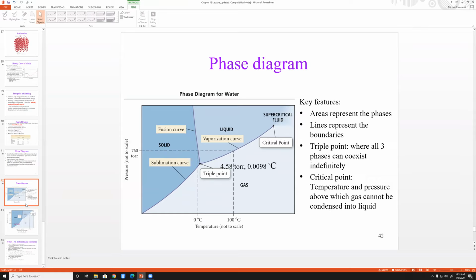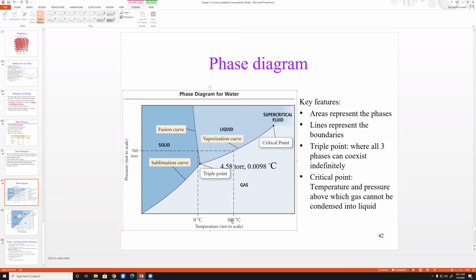So the way we can represent that is by these phase diagrams, which on the right hand y-axis you have pressure, and going left, you have the x-axis, which represents temperature. So you can see how, if you increase pressure, the boiling point changes based on these lines. So let's say here's the vaporization curve, basically the boiling point.